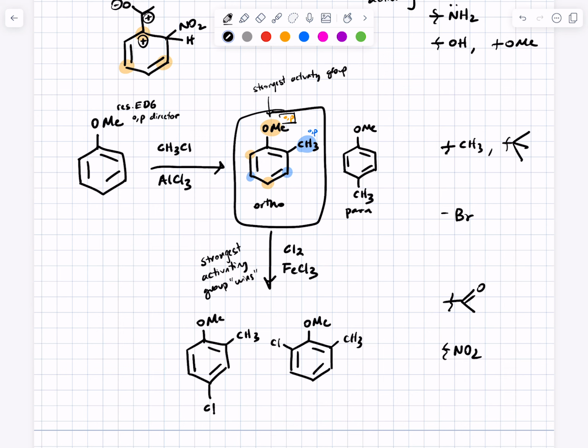Yes? Let's say we have two methoxy groups. Good question. So what if I had another methoxy group there? They have equal preferences. Would I have products on every single carbon?